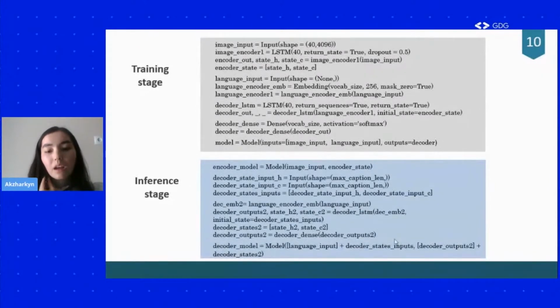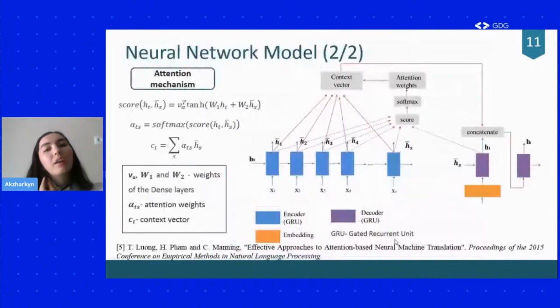Here we can see that's for the sequence to sequence model. And the attention mechanism, the attention network, is very similar to sequence to sequence. It's just some transformation of that because it considers the context vector.